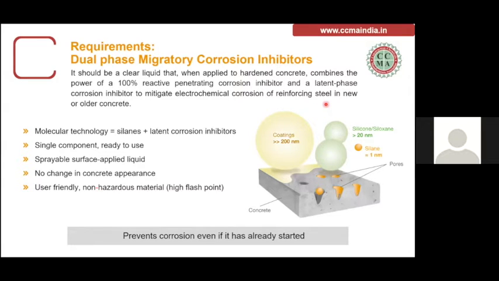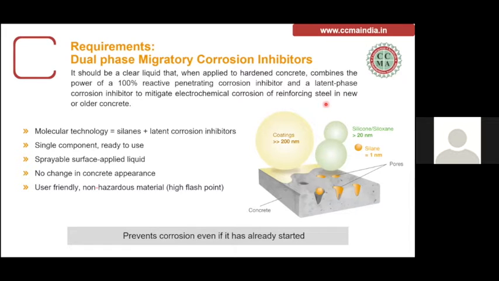So if you look at the molecular size: if the coatings are more than 200 nanometers, then my silane technology is almost 1 nanometer, about a thousandth of a micron. That's how thin the technology is, and that's what allows it to penetrate into the open pore concrete structure.